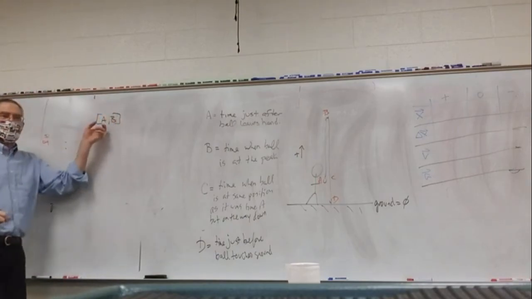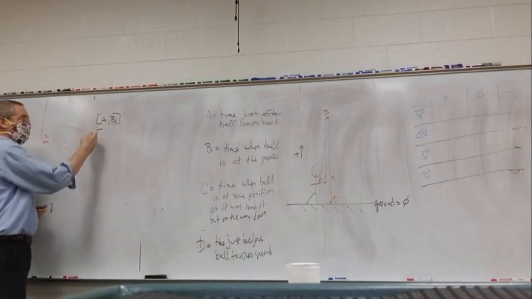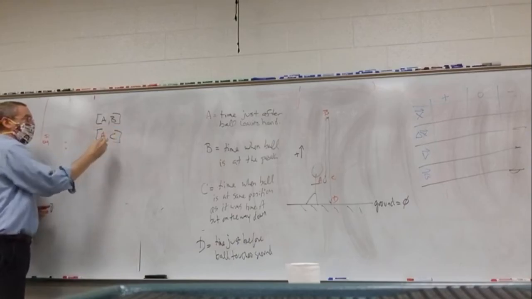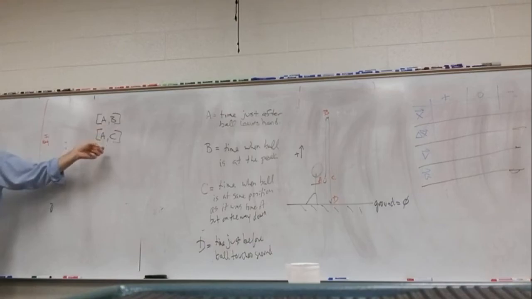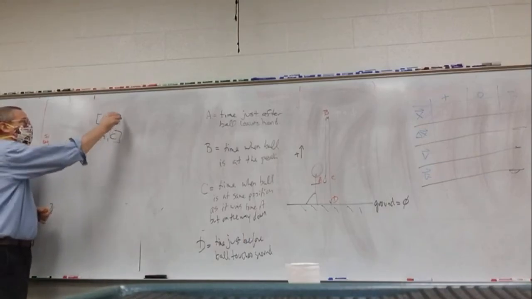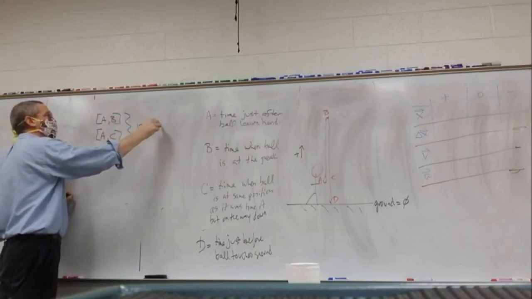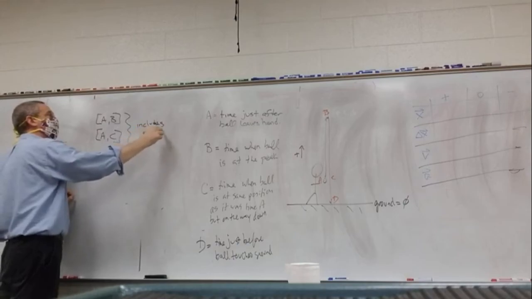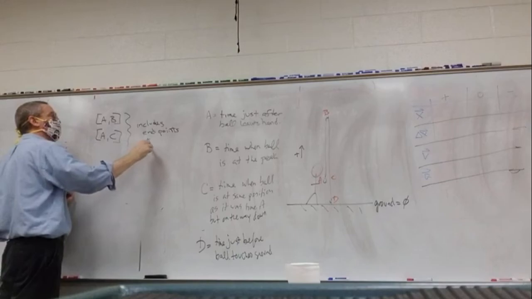So this is from A to B, including A and B. A to C, from A to C, including A and C. So you don't have to write B in there, since if you write [A, C], then B is in the mix. So it includes endpoints and points in between.